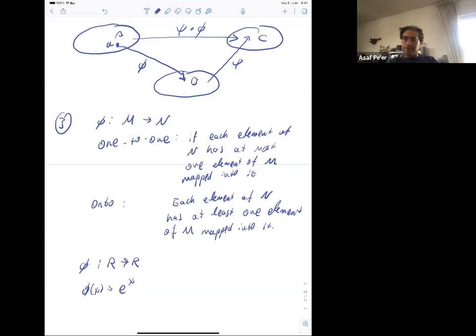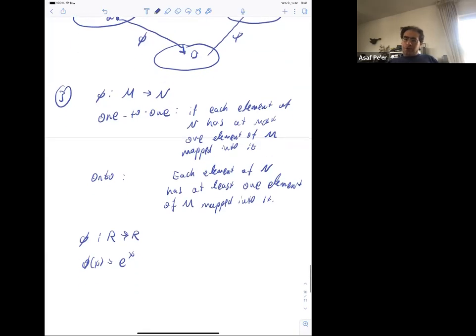A map that is both one-to-one and onto, how do we call it?